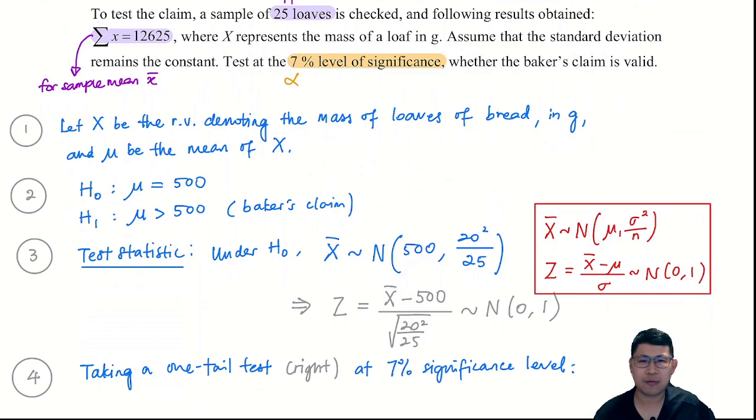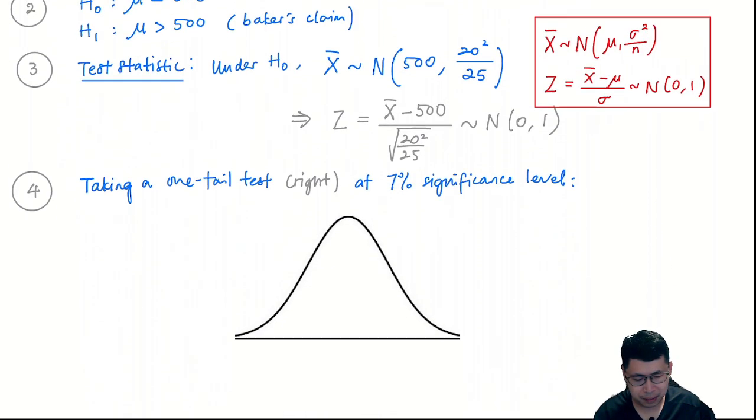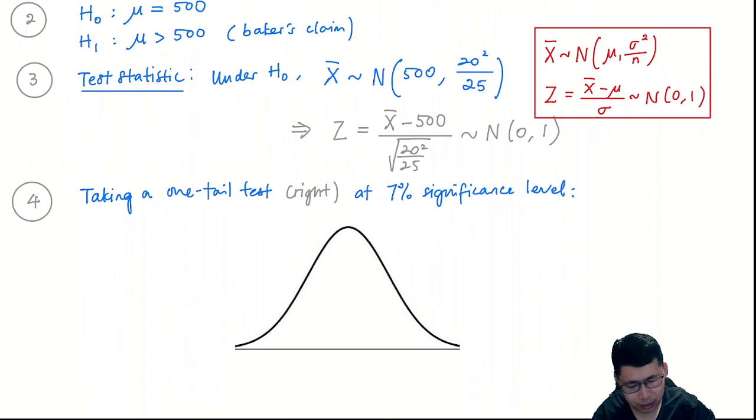I would encourage everyone to visualize this test using the bell curve, because this is following a normal distribution. So we will make use of the bell curve to visualize this whole test. We will get something like this over here. Let me mark out the population mean.